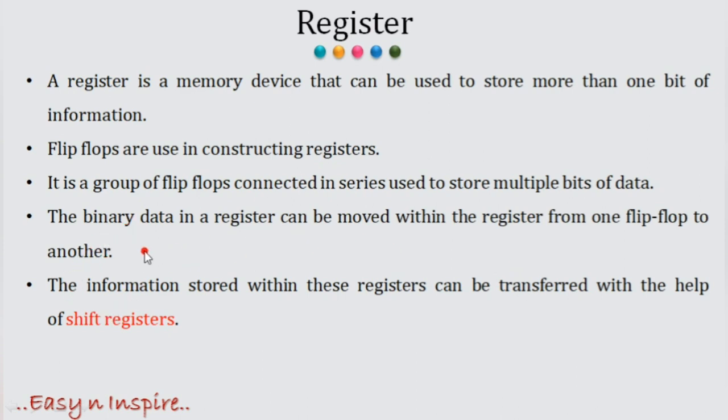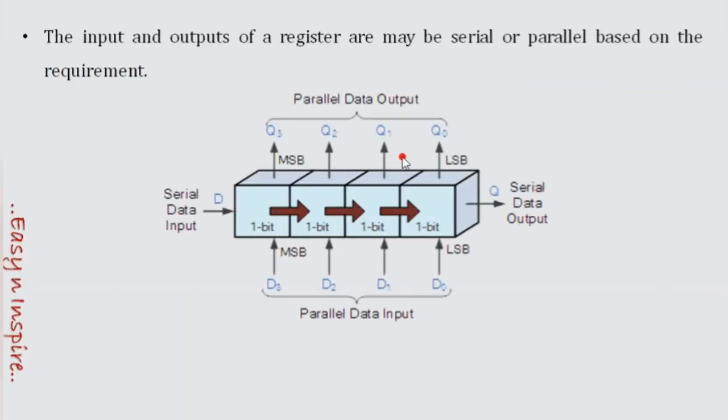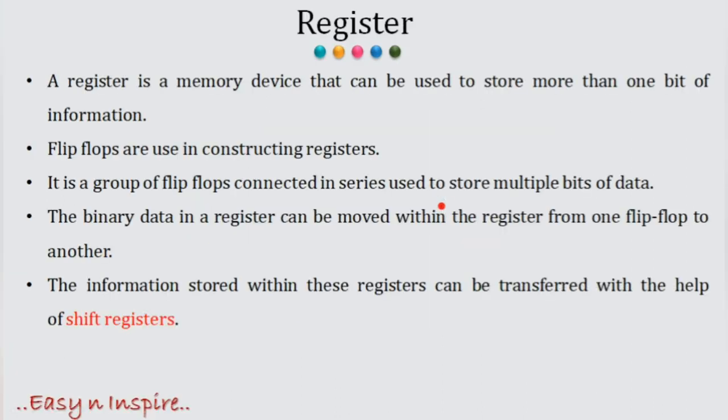So this is a register. So this is first flip-flop, second, third, fourth. So data is transferred like this. So in this register, data or the number of bits is moved within the register. So this type of registers are called as shift registers.